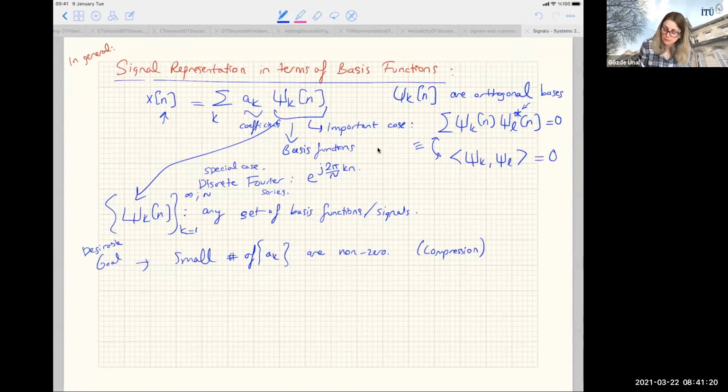For compression, that was the idea. For filtering, what we do is different. We keep the a_k that contain the signal, or important parts of the signal, and discard the a_k that contain noise, for instance.